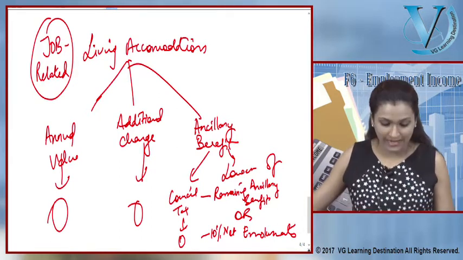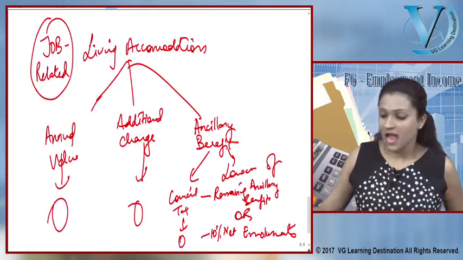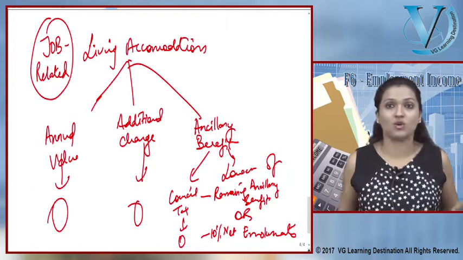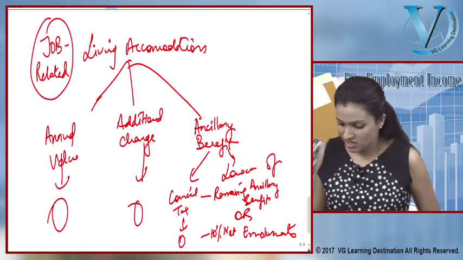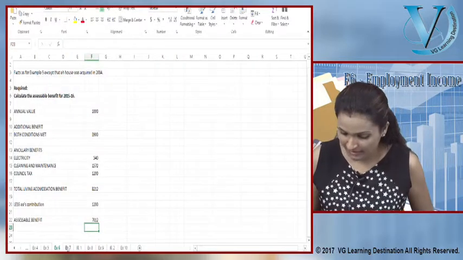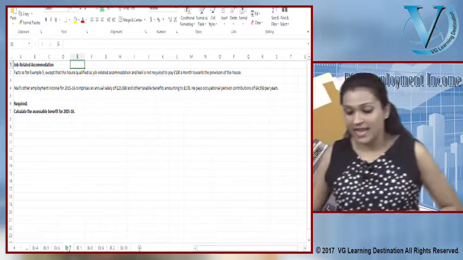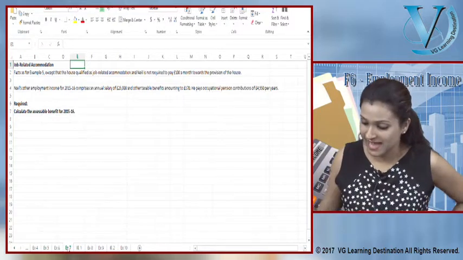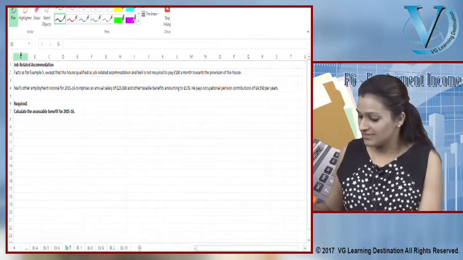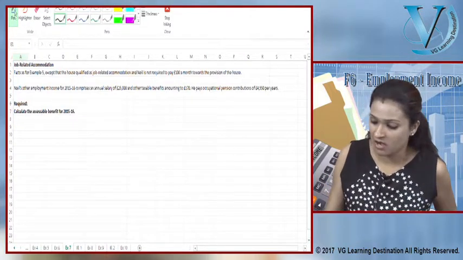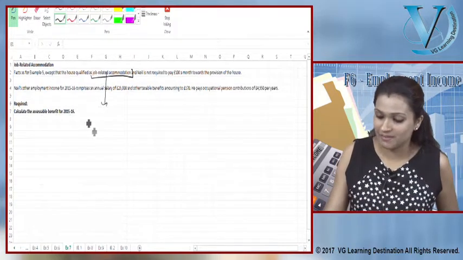Now let's have a look at this live with the help of an example, so that you better understand how these figures change when the accommodation becomes a job related living accommodation. So let's open up a question for you quickly. Right, so facts as an example 5 again, except that the house qualifies as job related accommodation. So now what do we have? Instead of the normal accommodation, this house is now a job related accommodation. So which basically means what?